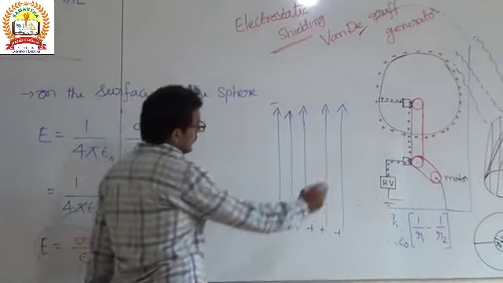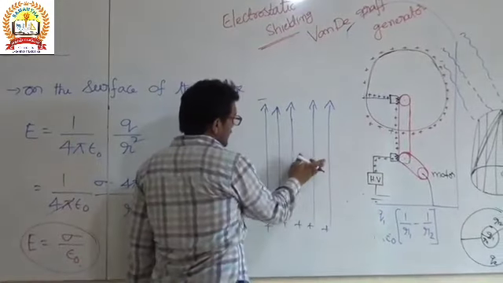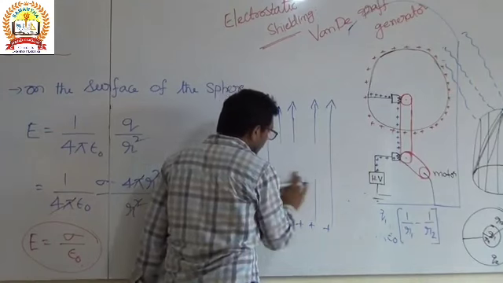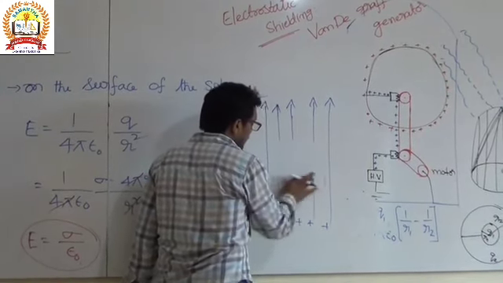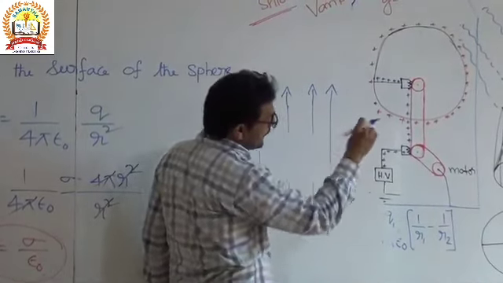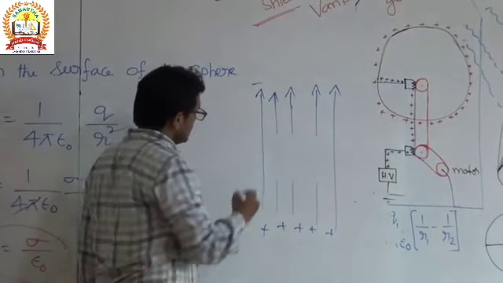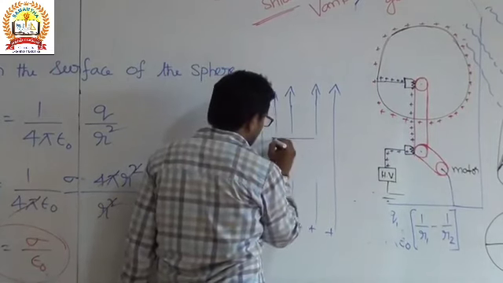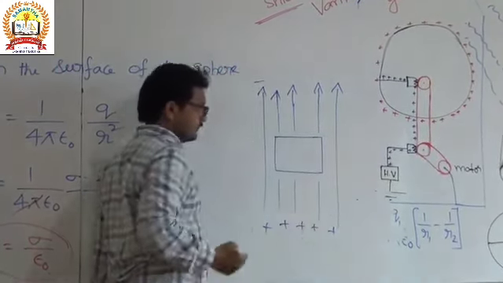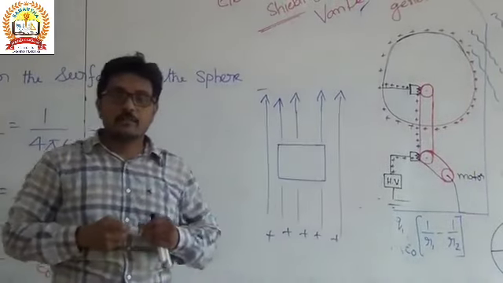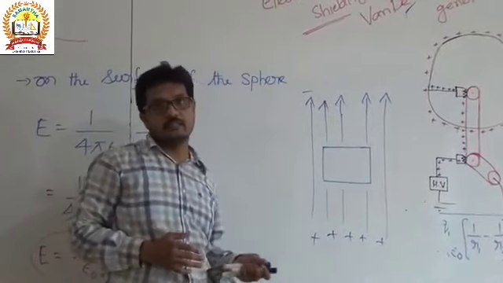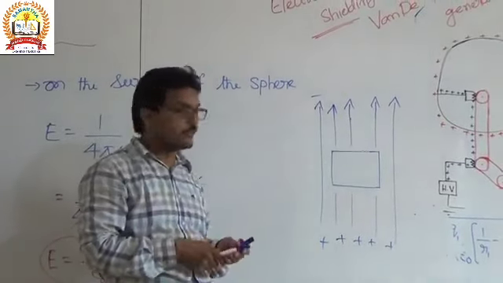Now the metal cage is placed inside the electric field because the electric field affects the metal cage. So here I place the metal cage. Then what happens to the electric field? Electric field cannot pass through the cage. Definitely it cannot pass through it. It will be 0.